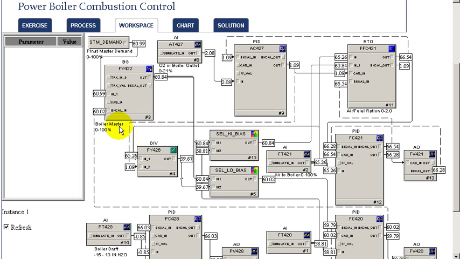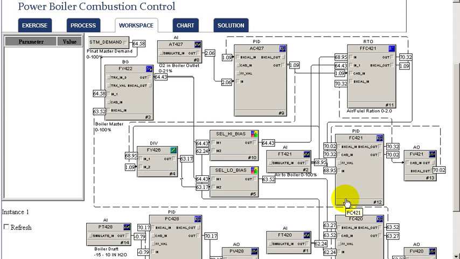The output of the boiler master then, through the lead lag system, is used to set the airflow to the boiler, and also based upon the demand through the lead lag system, we establish the fuel demand for a boiler for safe combustion within the boiler, and also while meeting the requirement of the energy demand.